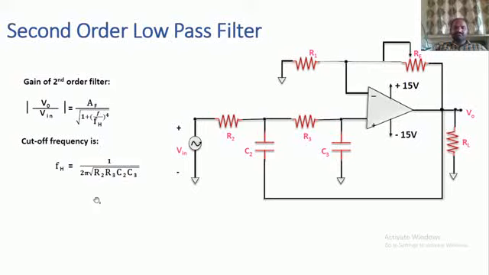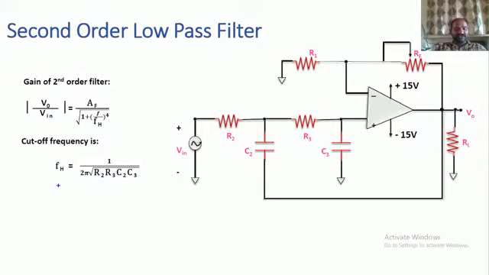If you want to avoid the complexity, you can simply use two resistors with equal values, meaning R2 equals R3 and C2 equals C3. Then you can reduce this equation like this.